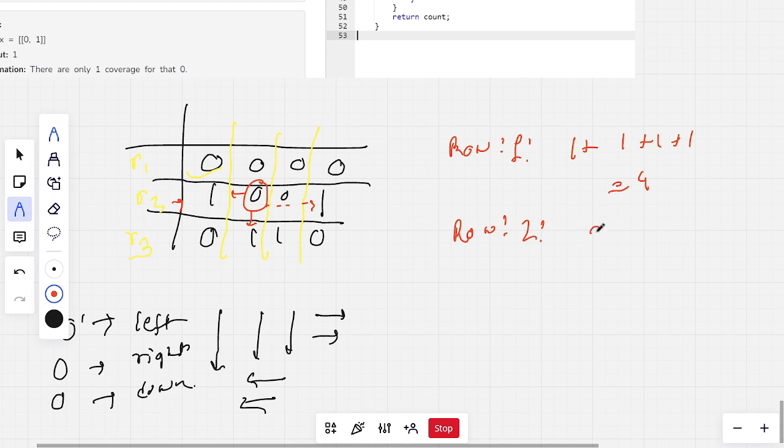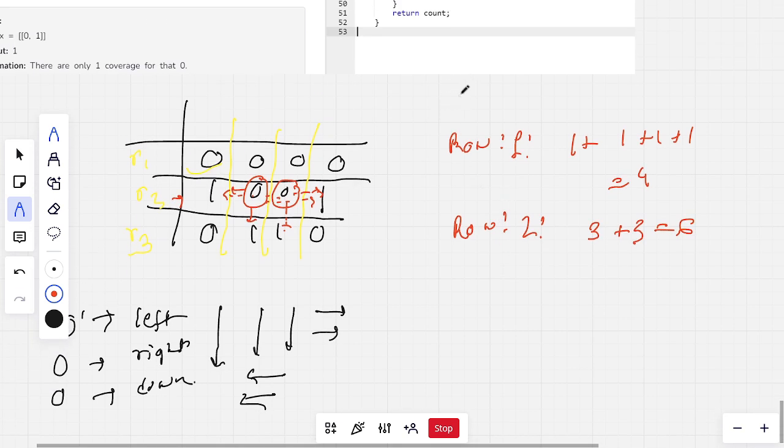So we are giving it as 3 plus. Now let's consider this particular zero. Similarly it has 1 over here, here, and here. So it has a total of 3. So in this row 2, we are getting a total of 6 such possible counts.